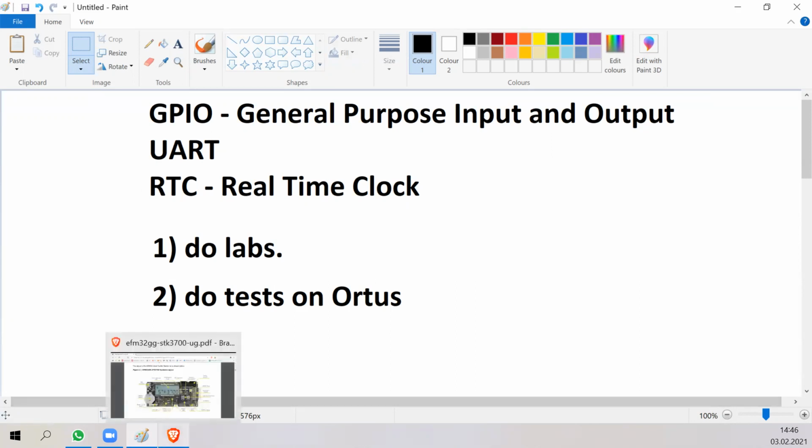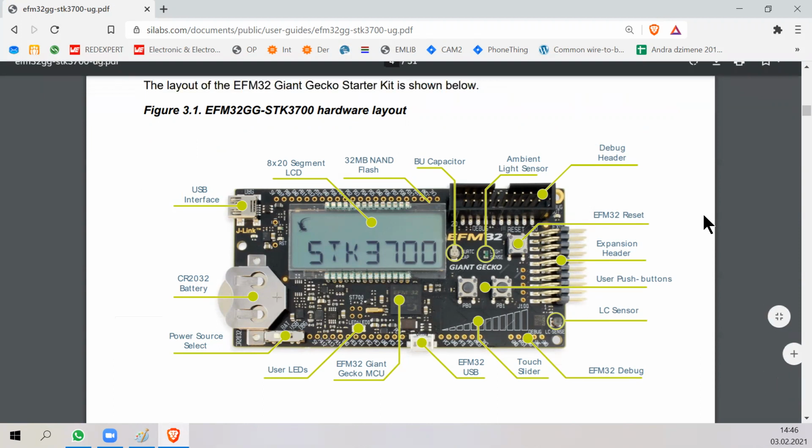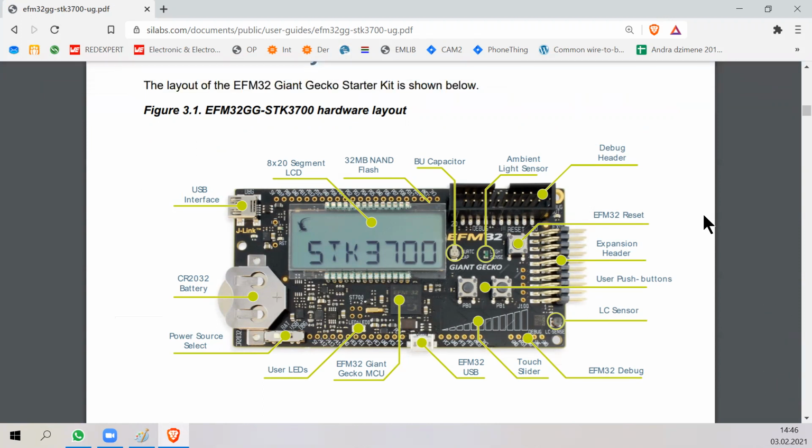So as I saw in the chat, some of you have had some experience with various manufacturers of microcontrollers. We have Atmel, Arduino microcontrollers. We also have PIC and MSP430 from Texas Instruments.